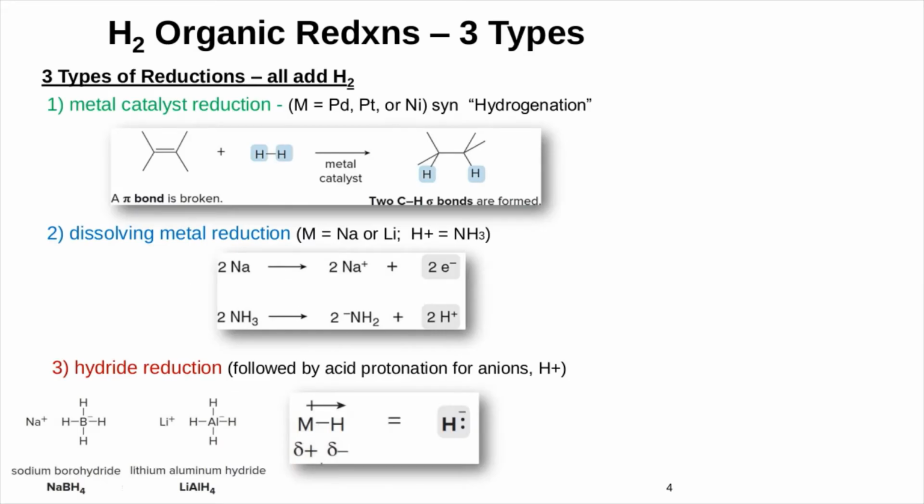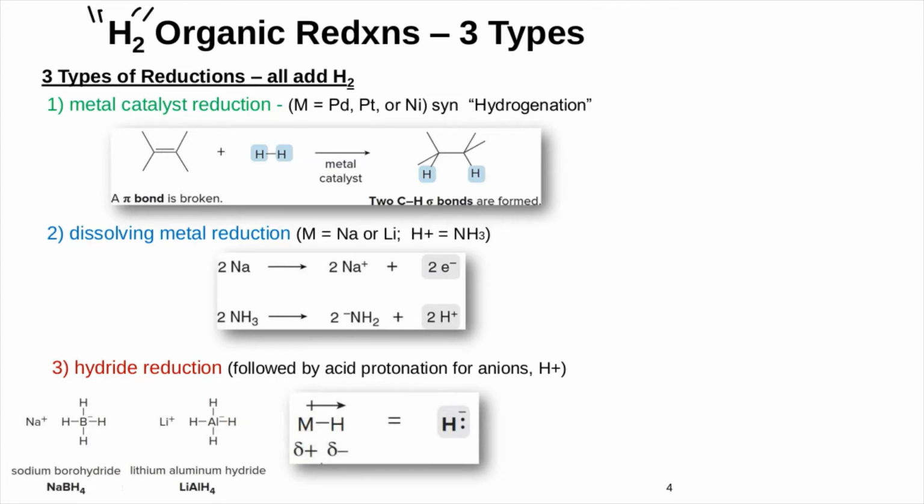So if we're increasing the number of hydrogens and we're looking at reducing agents, a lot of times our starting materials have hydrogen in them, H2. Now H2, I'm going to put that in parentheses because it's not always H2, but we're going to be reducing compounds by adding 2 hydrogens to a starting material.